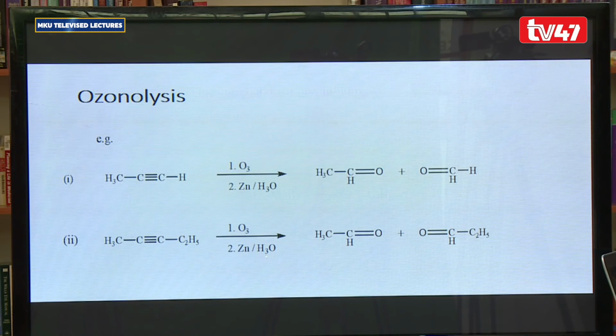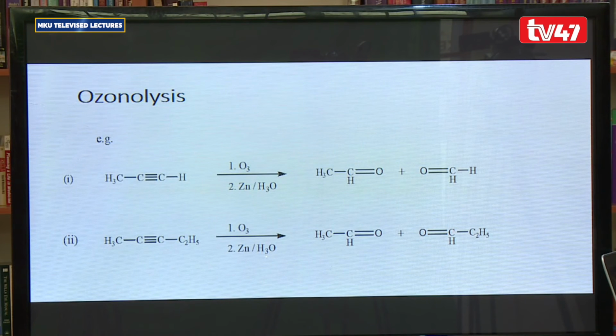Ozonolysis, as we said in alkenes, is the addition of ozone. So in ozonolysis, now, the carbons are bonded either to one alkyl group or to a hydrogen. The result is generally the formation of two aldehydes.